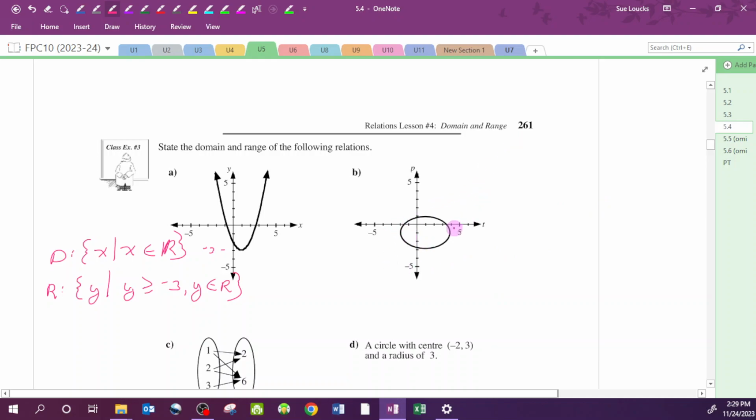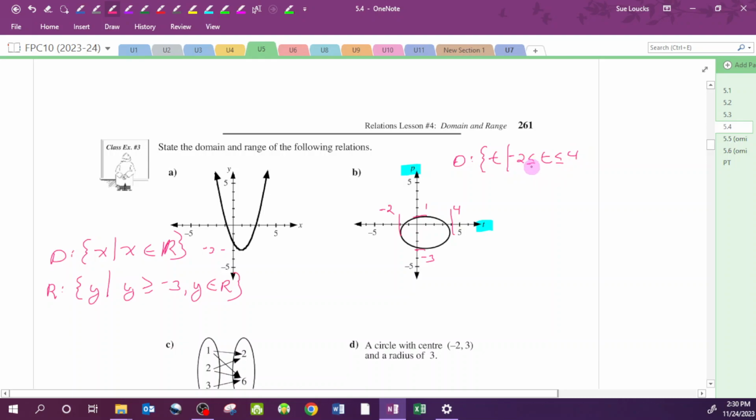And here, notice on this one that our variables are actually t and p. So we have to not use x and y, we're going to use t and p. And this value here is -2, and this is 4, and then this is 1 and -3. So our domain is the set of numbers t such that t goes from -2 to 4.